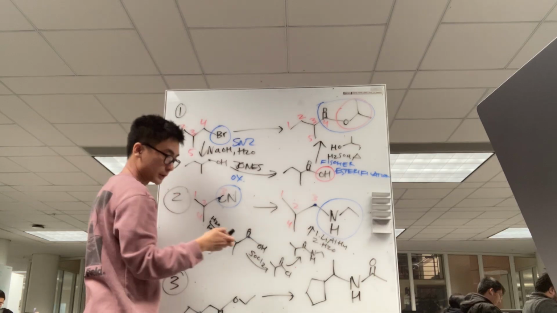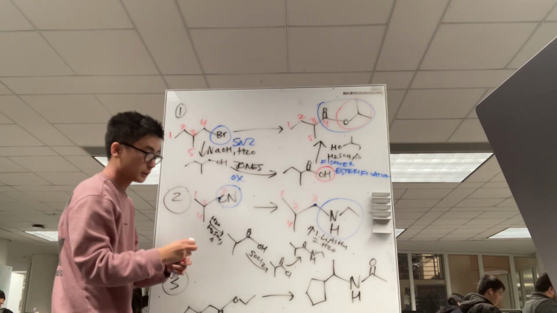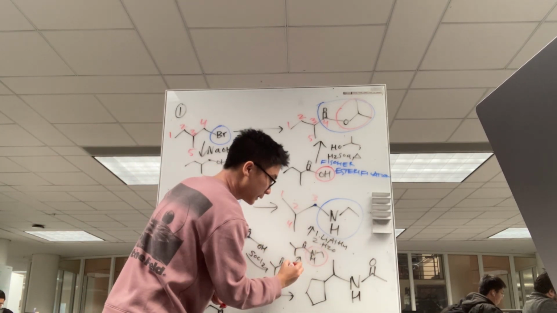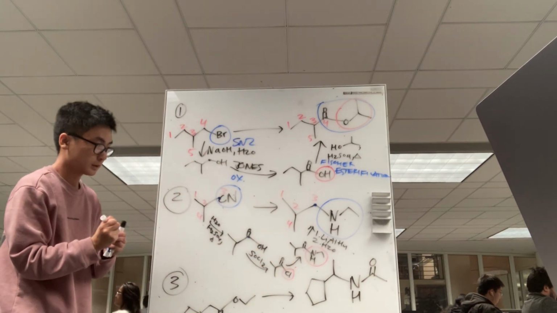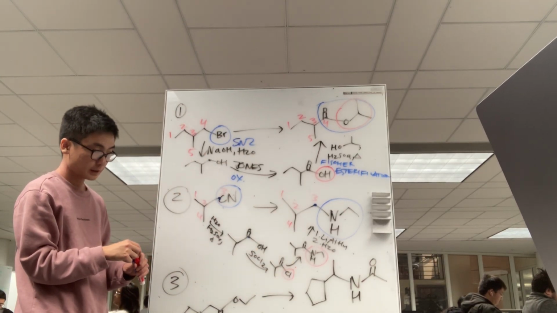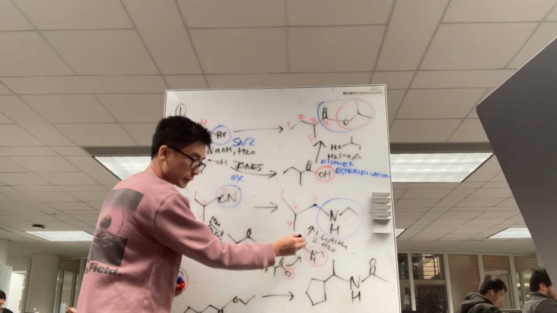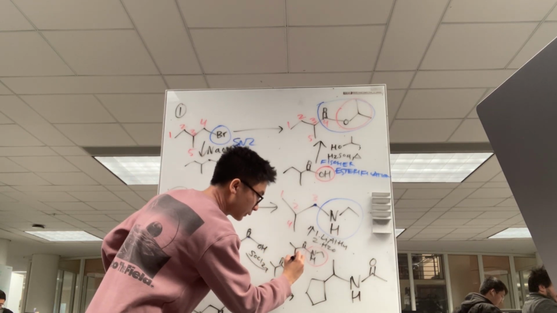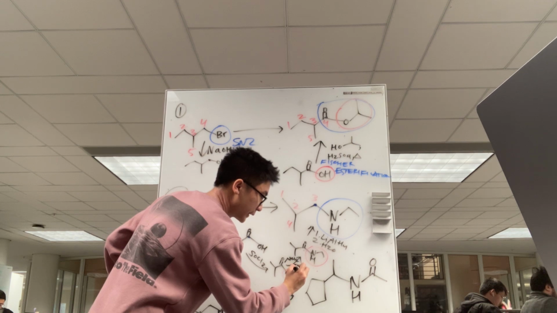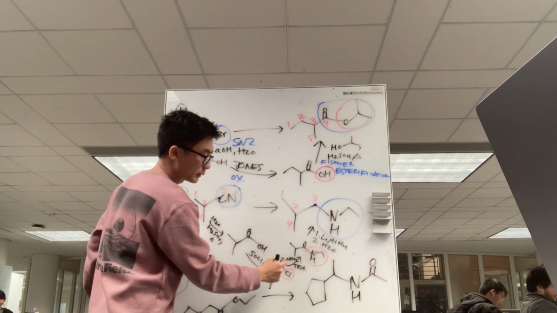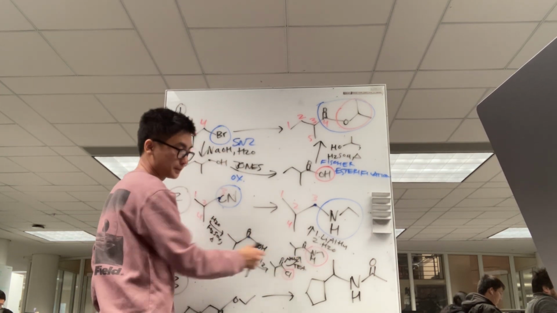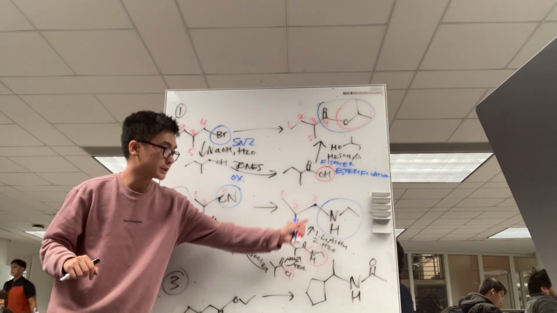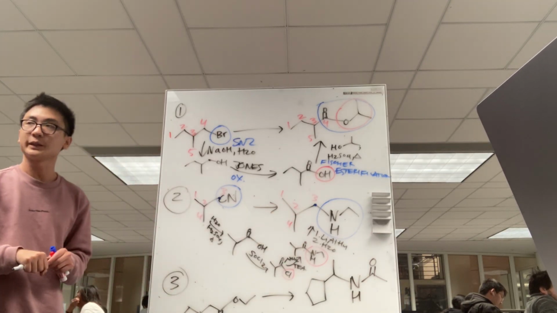So we wanted to create this amide from the acyl chloride. To do that, we add the amine with triethylamine. That would convert the acyl chloride to the amide in one step. And then from there, we just use the reducing agent to reduce the amide to the amine right there.